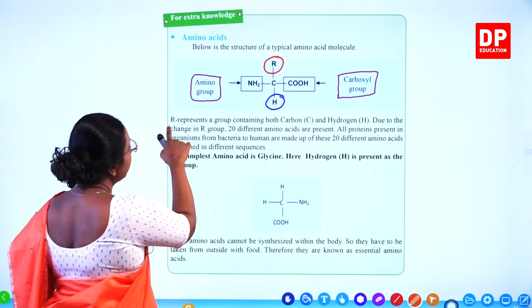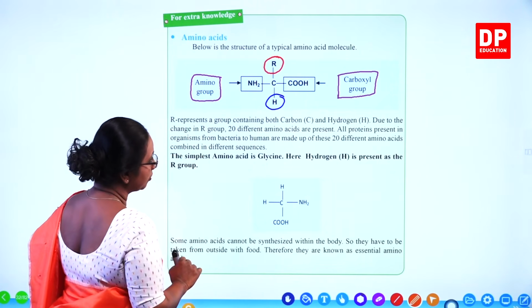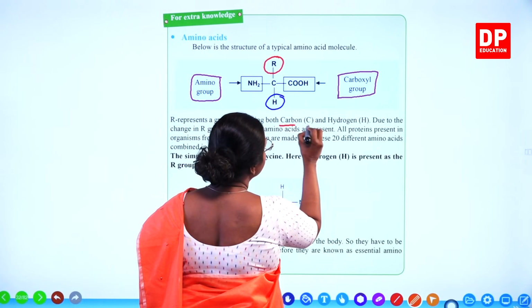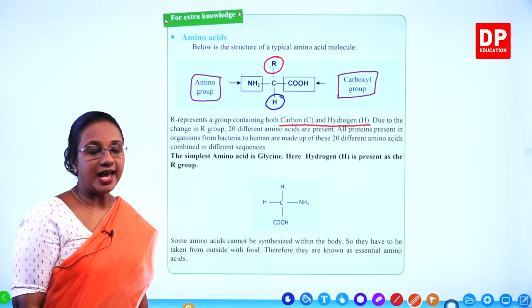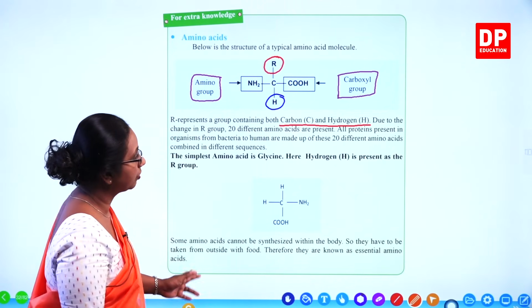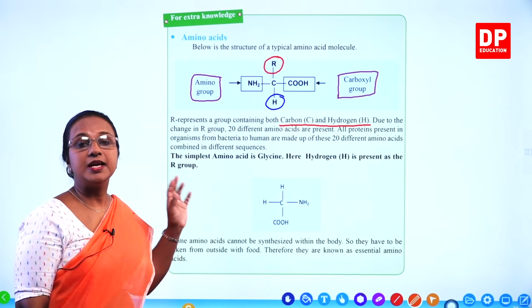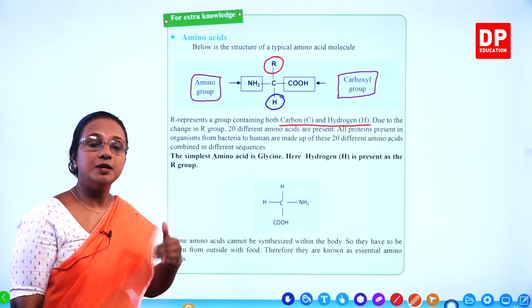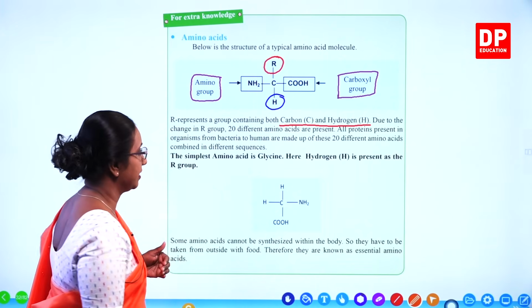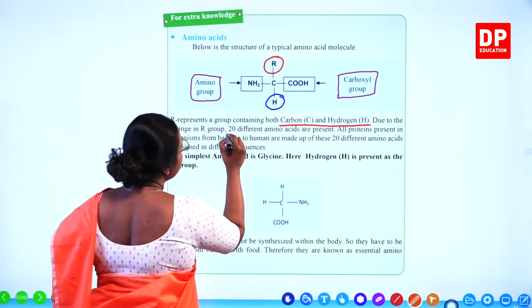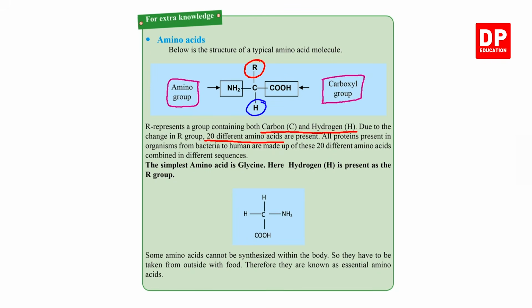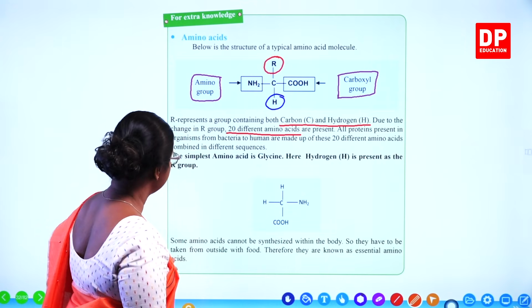R represents a group containing both carbon and hydrogen. This group is different from amino acid to amino acid. Due to the change in the R group, there are 20 different amino acids present in living organisms.